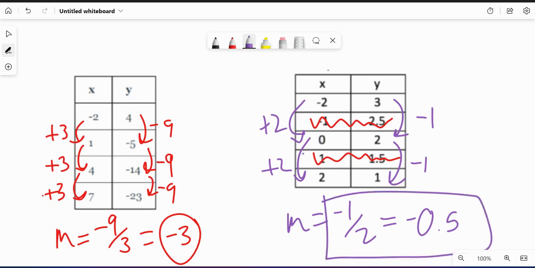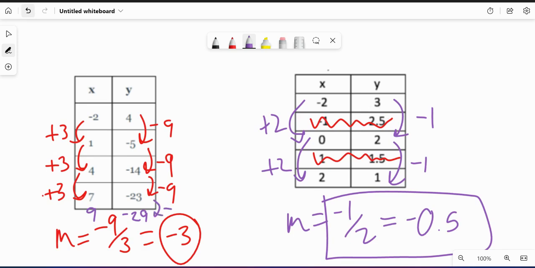Again, I would avoid using the decimals. You can skip over them. And again, they don't always have to be a constant. You could have a scenario where instead of going down 9 over 3, you go down 6 over 2. Another point on this grid, if we went down 6, it would be negative 2, 9, and then over 2 would be, I'm sorry, not 8, it would be 9.